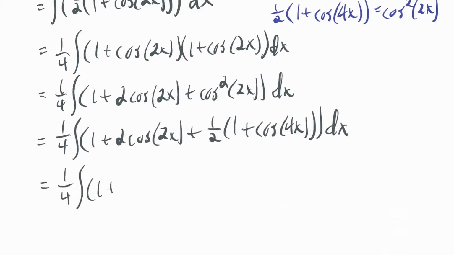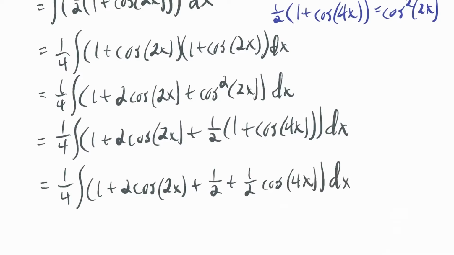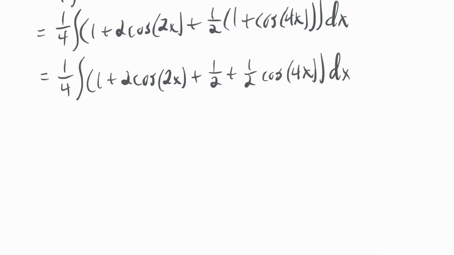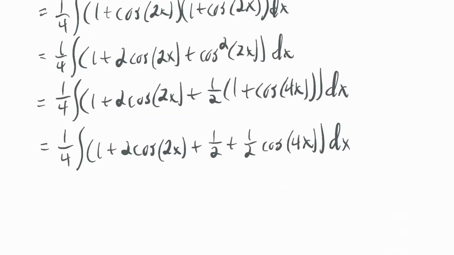So I guess there's really 2 steps, not 1. So 1 plus 2 cosine 2x plus 1/2, because I can combine like terms at a certain point, plus 1/2 cosine 4x dx. Okay, combine like terms. We have room left.